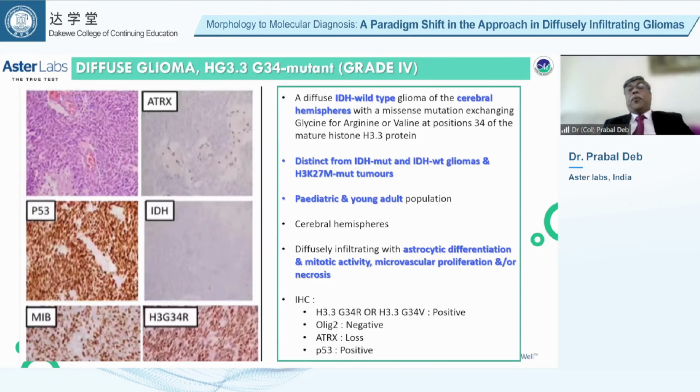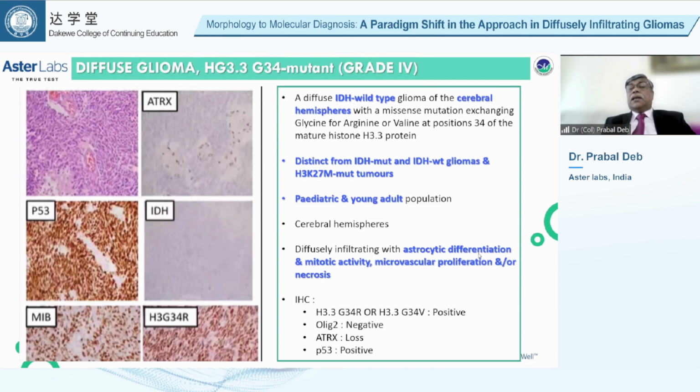The H3.3 G34 mutant glioma is again an IDH wild type glioma of the cerebral hemisphere. It is found in pediatric and young adults, distinct from the conventional IDH wild type gliomas and the H3K27 mutant tumors.